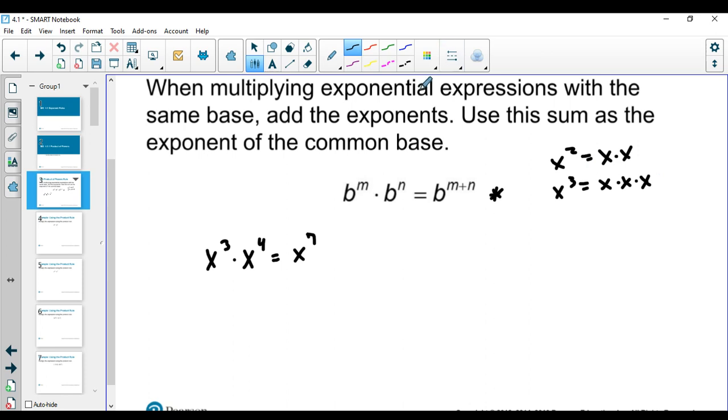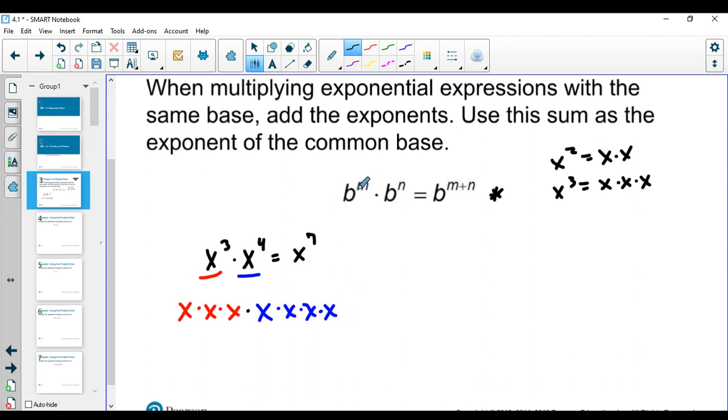So if I have x cubed, that's going to be x times x times x. And then we're multiplying that by x to the fourth, or x times x times x times x. X to the third means x times itself 3 times. X to the fourth means x times itself 4 times.